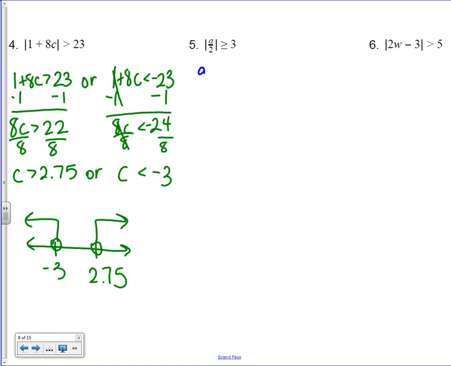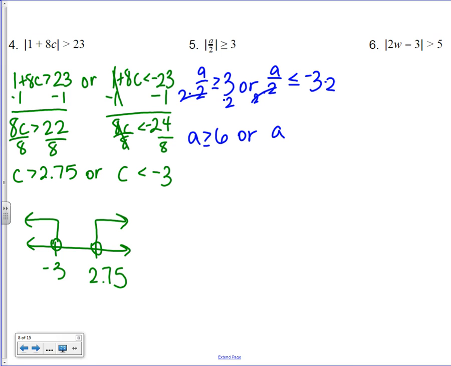Another OR problem, so we'll set up the positive version, or we'll set up the negative version. Solve for A. Number line. Circles and the shading.